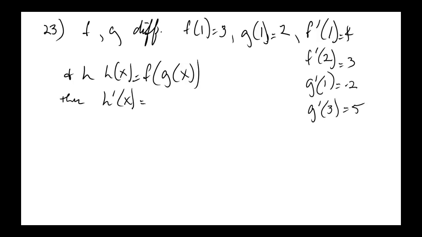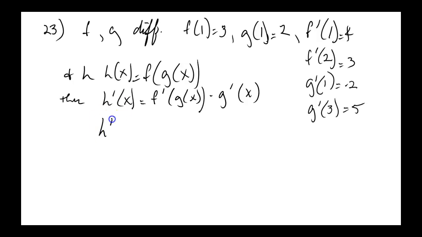In chain rule, you start with the outer and work your way in. So it would be f prime of g of x times g prime of x. That's the chain rule.